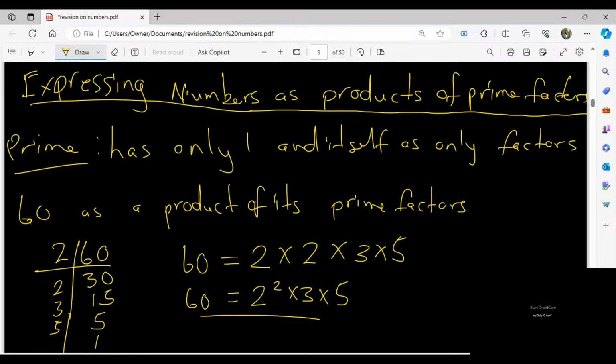Okay, right. So let's use this number 60 as an example. Right. So let's write this question.